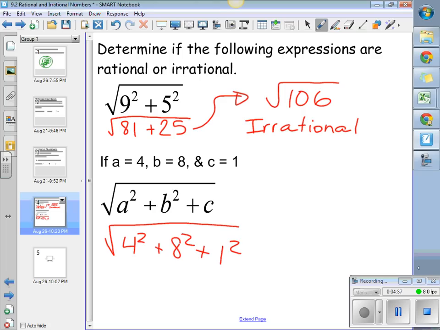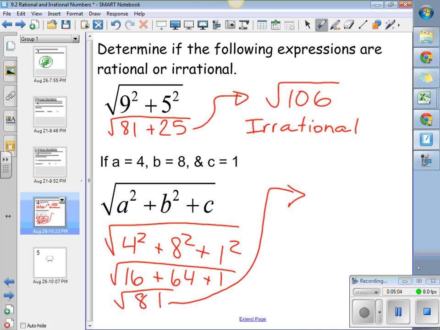All right, so we get 16 plus 64 plus 1, still under the square root. Okay, when we add those together, we get 81. The square root of 81 is 9, and this is rational.